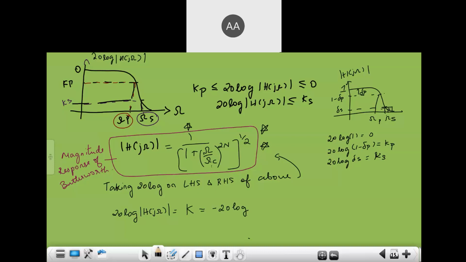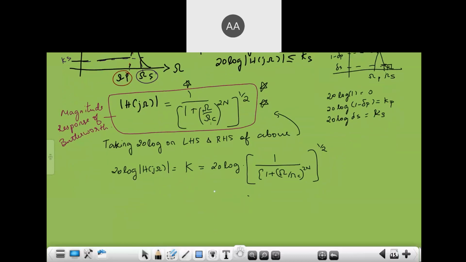I can explain it to you. Take 20 log of this value, 1 divided by 1 plus (omega by omega c) to the power 2n, whole thing to the power 1 by 2. You take it this way. Next, what do you do?